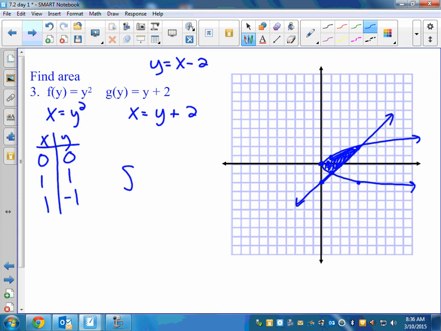I think the easiest thing to mix up when you're doing in terms of y is we're so used to taking our x bounds, but we have to take our y bounds here, which would be from negative 1 to 2. And then we just want to do right minus left, which would be, in terms of y, y plus 2 minus y squared.